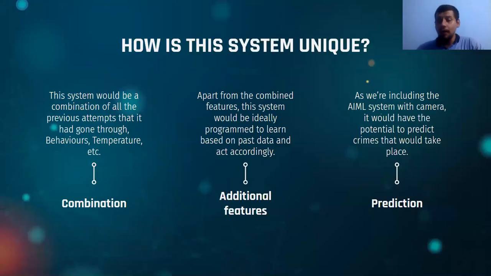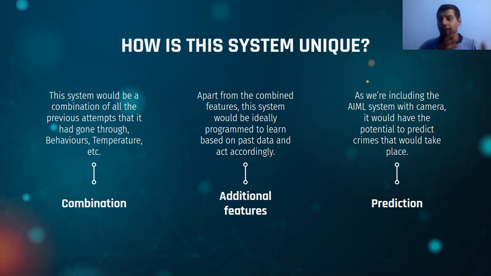Now, how is my idea of the crime detection camera going to be unique? Firstly, it would be a combination of all three systems I mentioned before: the behavior system, the temperature system, and the scanning system.